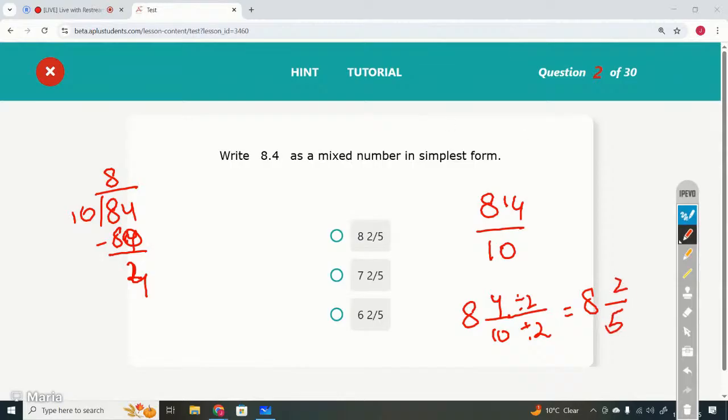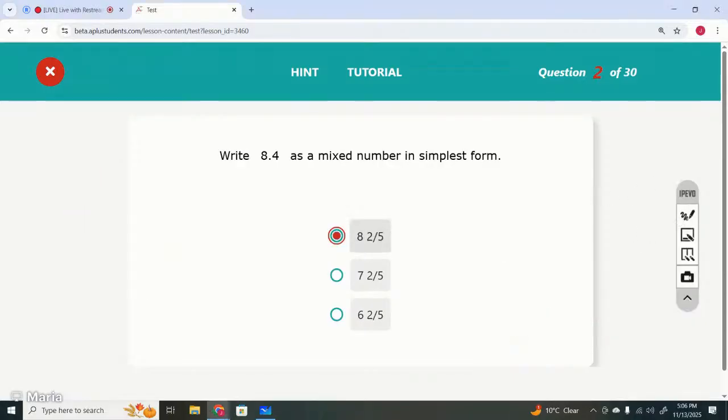The correct option is 8 whole 2 by 5. Option number 1 is the correct option.